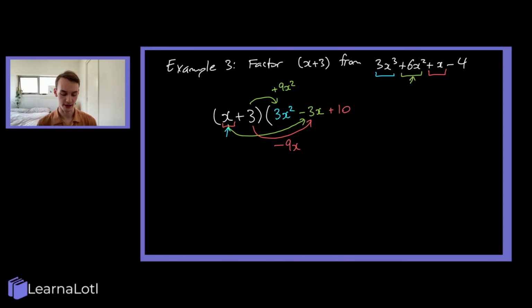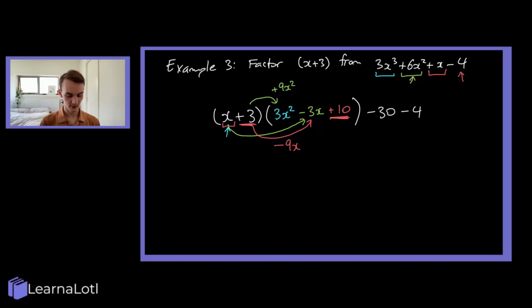That way, that will correct that last term. However, I have introduced, as well as this, a plus 30. I don't want plus 30, I want minus 4. I'm going to need to close this bracket and correct that. I need to subtract that 30, I don't want that plus 30, and introduce that minus 4 that I do want.